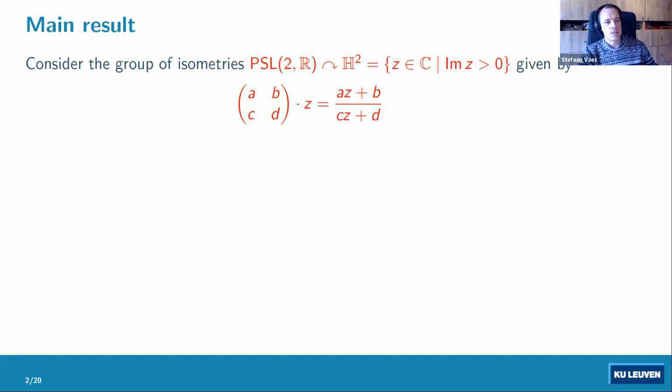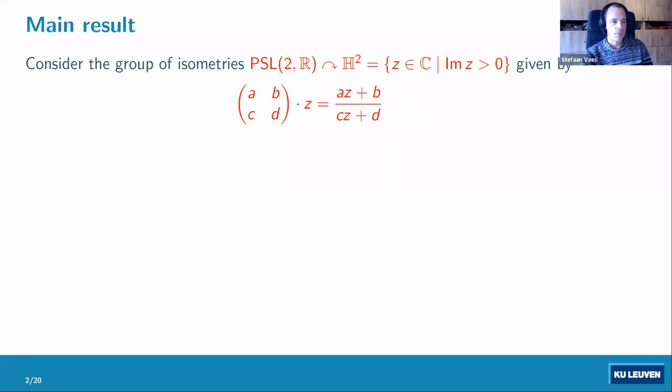And the theorem is about specific groups of isometries of the hyperbolic plane. And let's take the model where the hyperbolic plane is the upper half plane, H2, and then the group of isometries is PSL2R, acting on it by these fractional transformations, as you know.